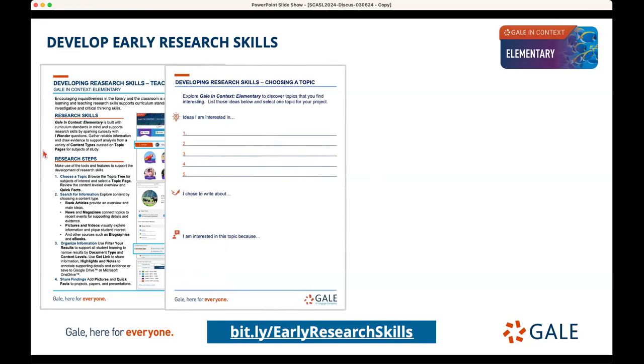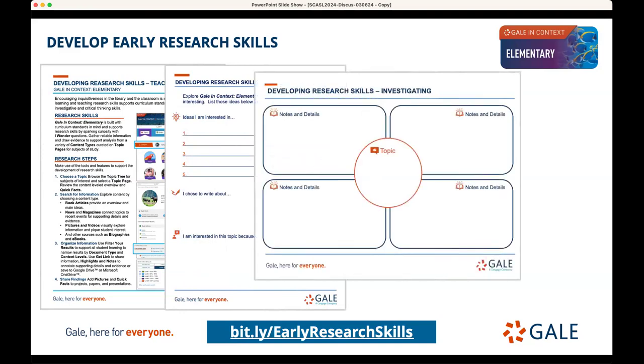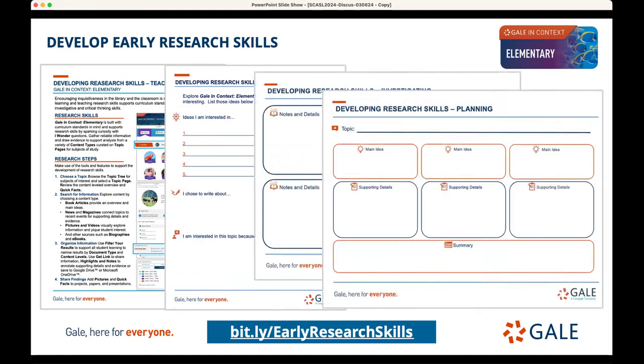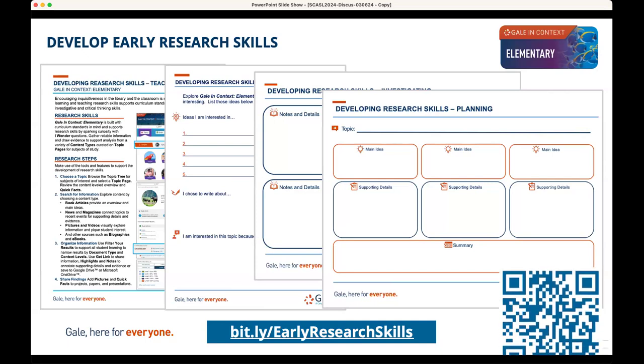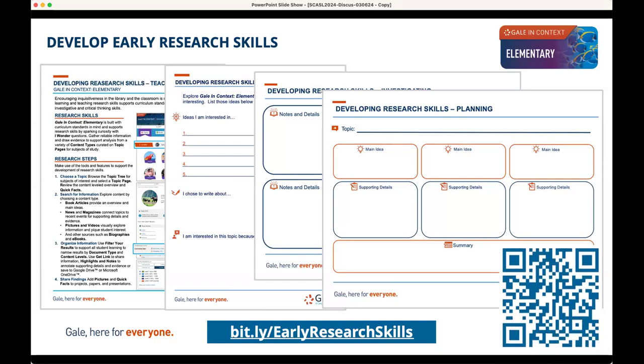And then we have step 1 is choosing a topic. Step 2 is investigating. And step 3 is planning. So we have these materials available on the Gale support site for you all to use with your choice boards or with your Gale In Context: Elementary resource. And there's a QR code if you would like to grab that.